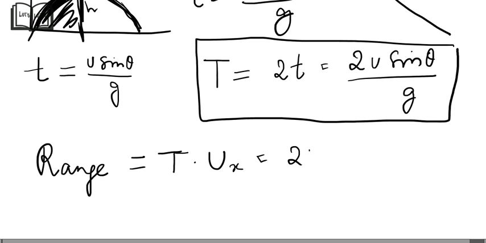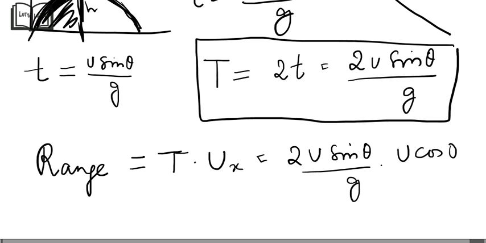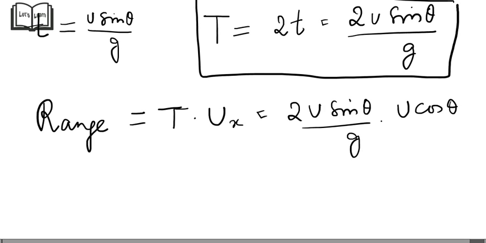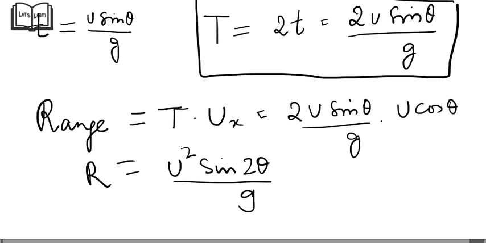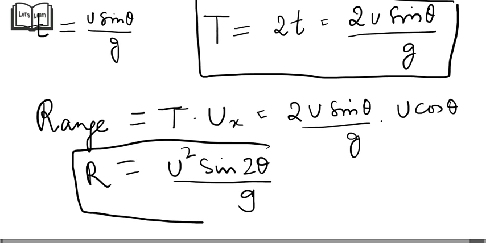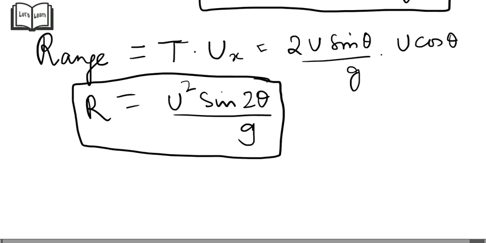It is equal to 2u sin theta by g times u cos theta. So it will be u square sin 2 theta by g. That is the maximum distance the stone will travel before hitting the ground. That is the range.